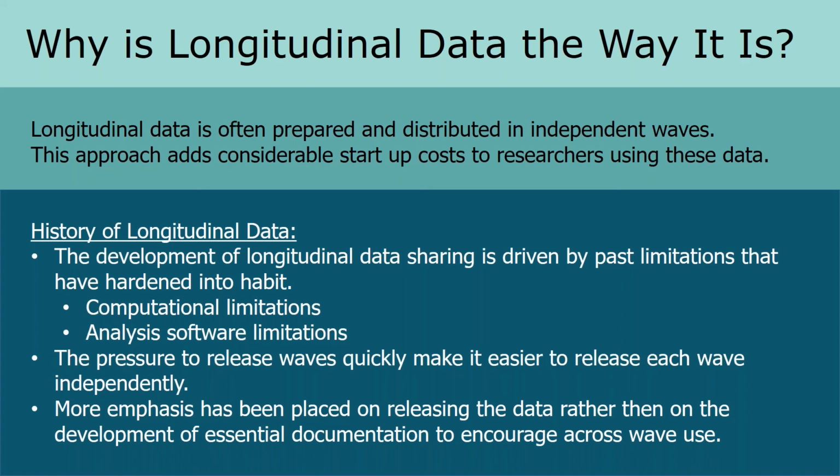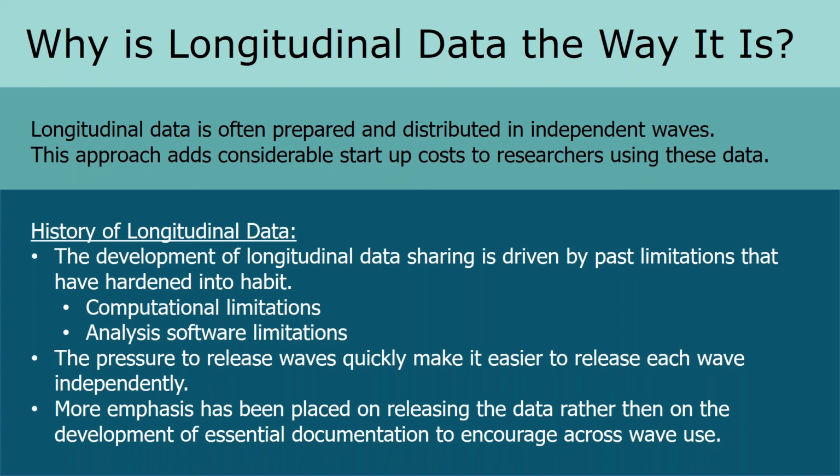This has resulted in a situation where more emphasis has been placed on releasing the data, which is a good thing. We don't want to imply that that's a bad thing at all. We want the data out as quickly as possible. But once you commit to that strategy, then it becomes difficult to backtrack, to harmonize wave 1 with wave 2 with wave 3, to adjust the documentation, to clearly show any changes in question text.